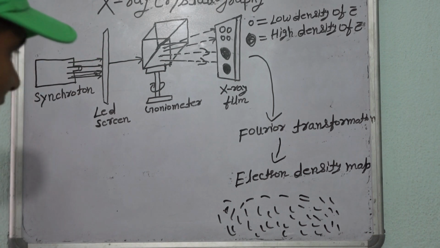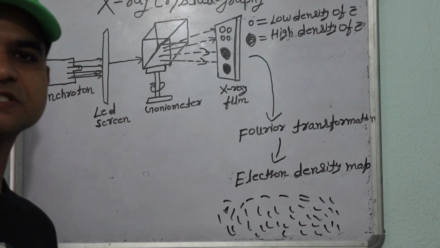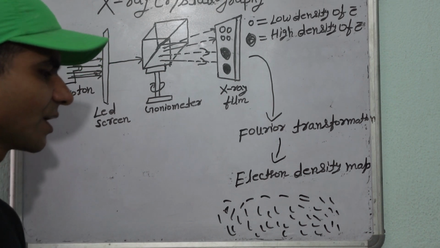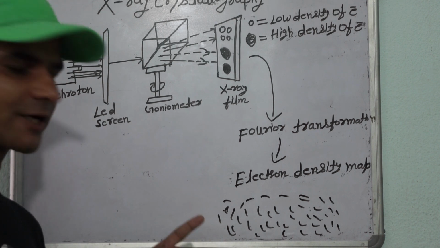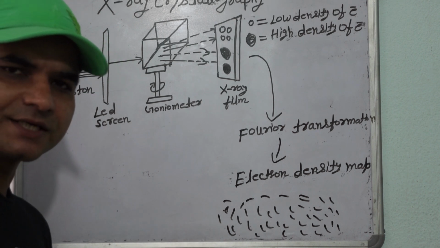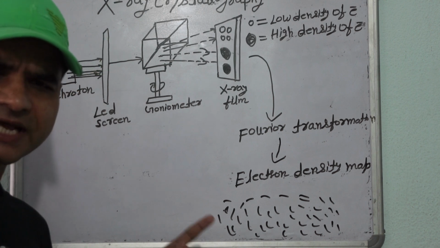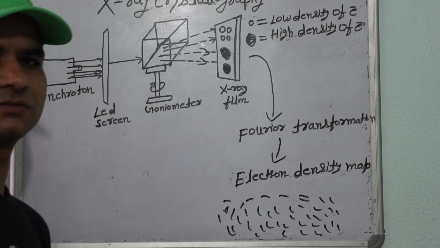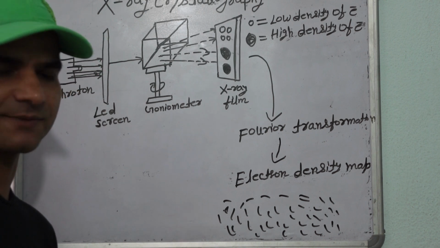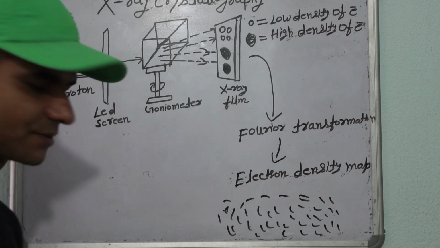And what is the meaning of the electron density map here? The electron density map indicates the number and position of electrons on the surface of the atoms.